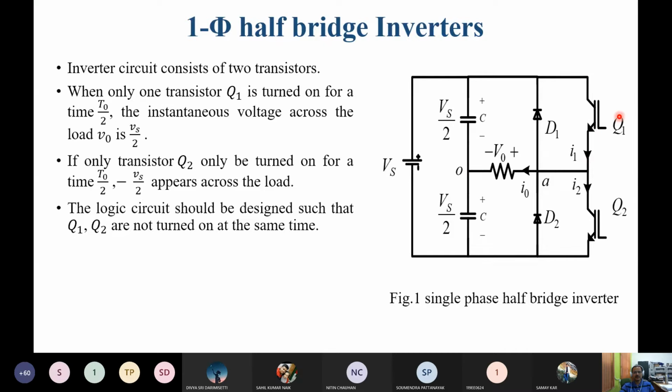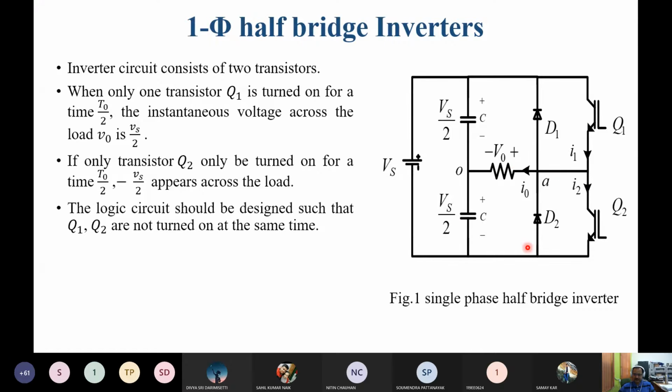When Q1 is off, but this is still in the off condition, current will continue to conduct, and this will conduct through D2. When D2 current is zero, it automatically switches off and Q2 starts conducting. Current will flow in the opposite direction.